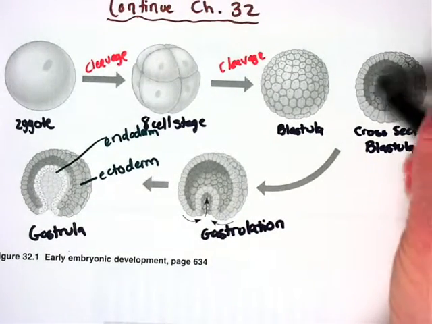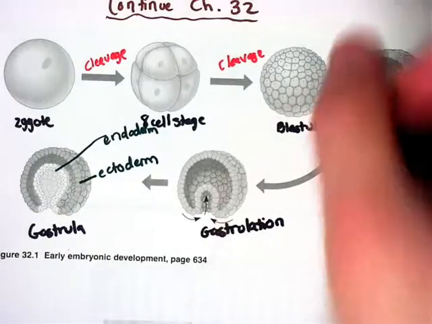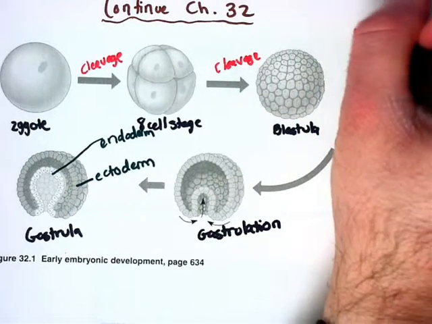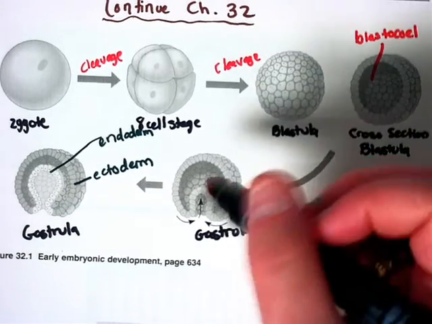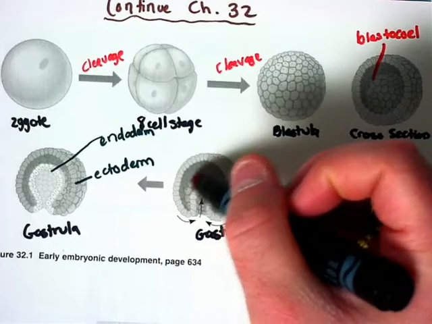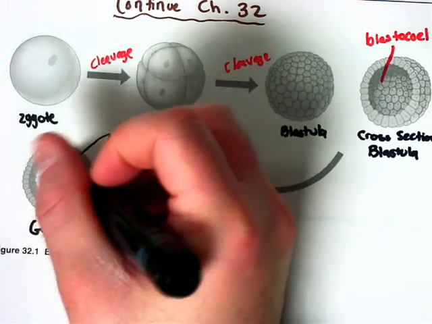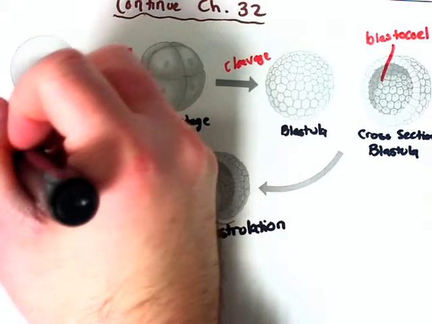This space that's empty right through here is called the blastocell. And we could trace that to existing right here. It's kind of like the open space between your cell layers. And we could even trace it to this area right through there. So this area that I'm pointing to there is still going to be the blastocell.